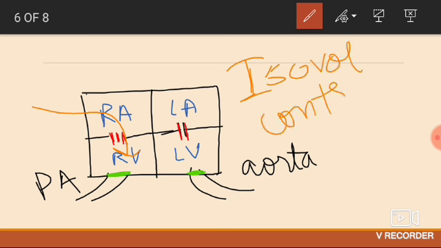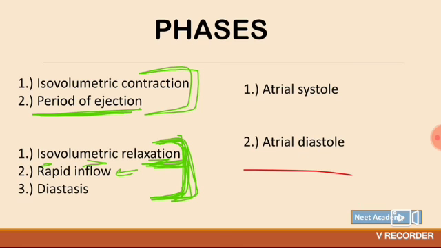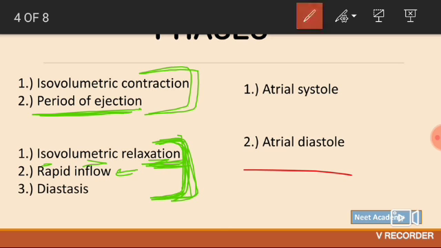This is the contraction when both the valves close after this rapid filling and the diastasis. This valve closes, and there is the closure of this valve too. So there is isovolumetric contraction, then period of ejection, then this, then this, then this. So it just goes on, it never stops.